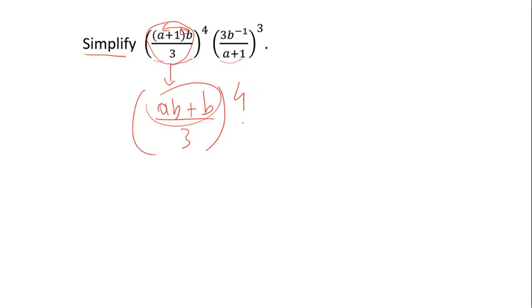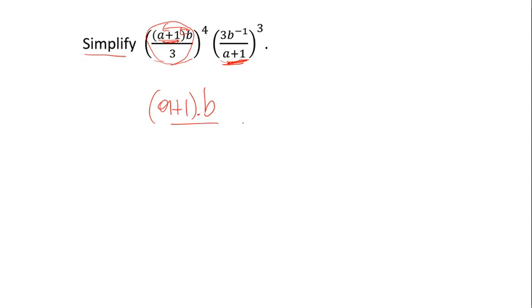Taking the 4th power of this is very huge, and it will not help our solution. We have A plus 1, we have A plus 1, so it's better we don't do the distribution. It's better to keep it there as a product.